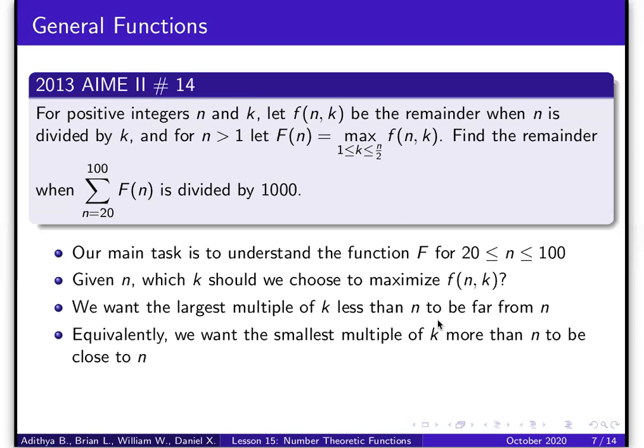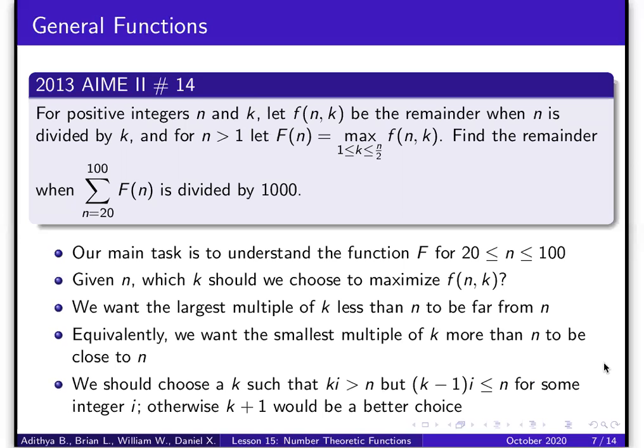Basically, we choose a k in a certain way, but in order for it to be maximum, it has to satisfy a bunch of properties.